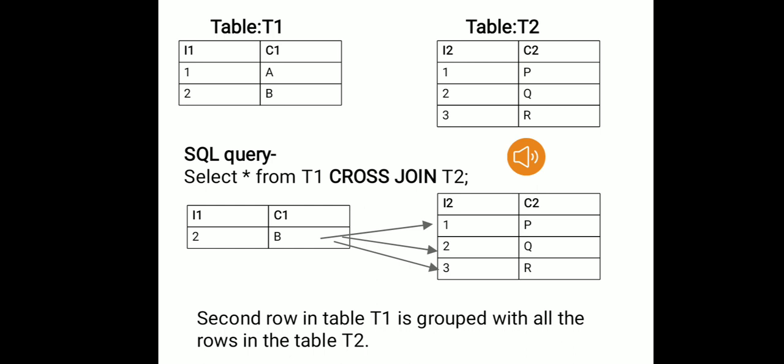And then it is grouped with the third row entry 3R of the table T2. This is shown by the pointed arrows in the figure. Hence the output of the cross join gives 2B 1P, 2B 2Q and 2B 3R as the row entries for the columns I1, C1, I2 and C2 respectively.